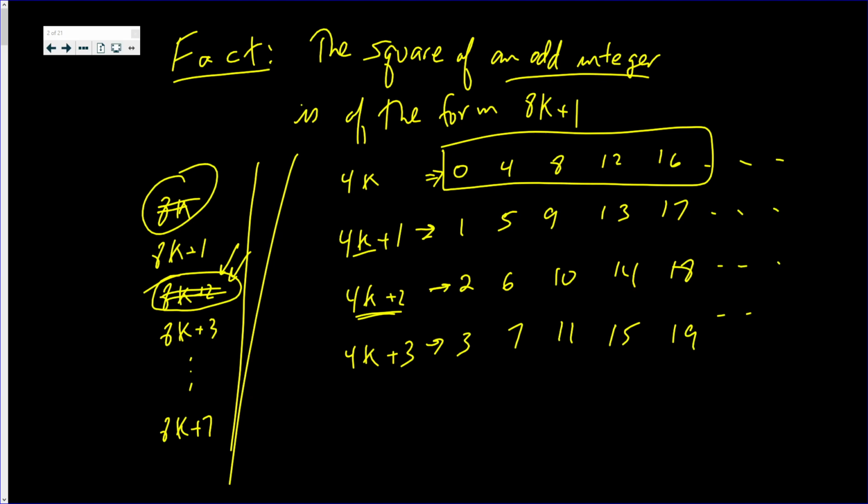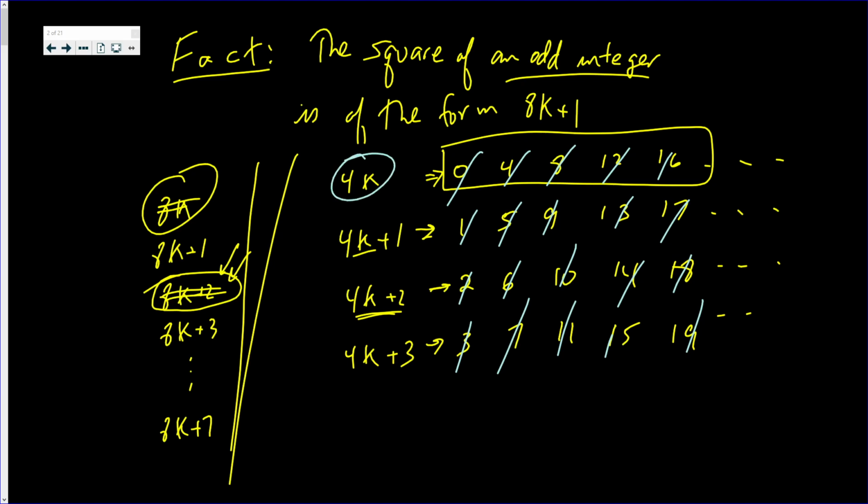Well, look, we have every number: 0, 1, 2, 3, 4, 5, 6, 7, 8, 9, 10, 11, 12, 13, etc. I should say we have every non-negative integer starting at 0. Of course, I could have let k be negative, and 4k would then have 0 and 4 and 8 and 12 and 16, etc., but it would also have negative 4 and negative 8 and negative 12 forever.